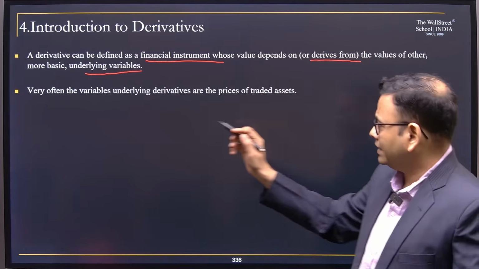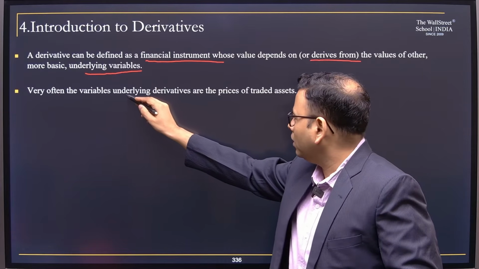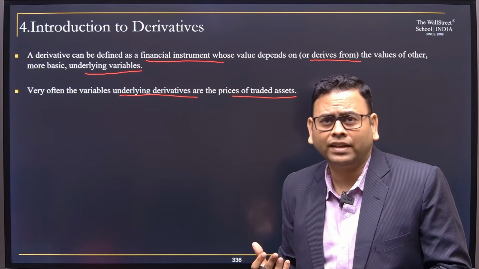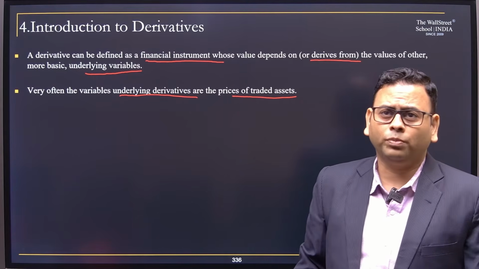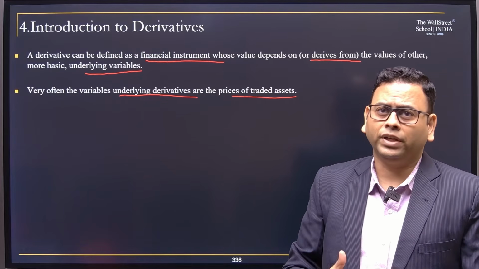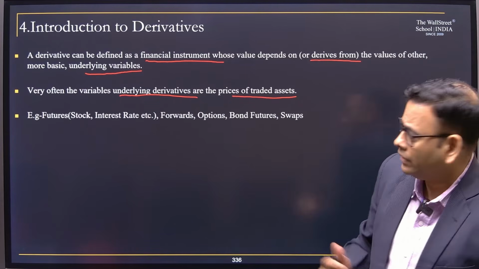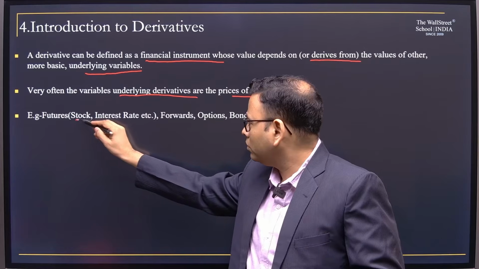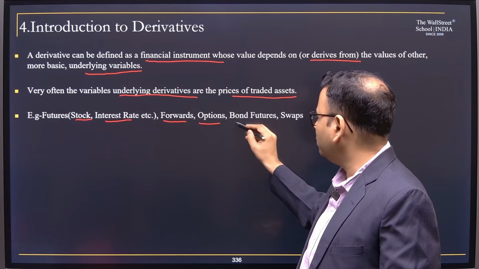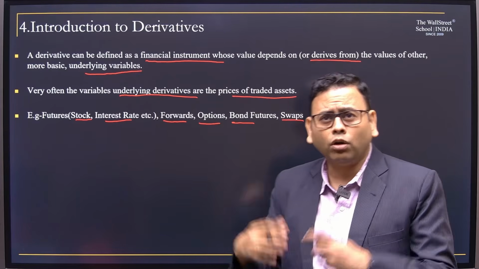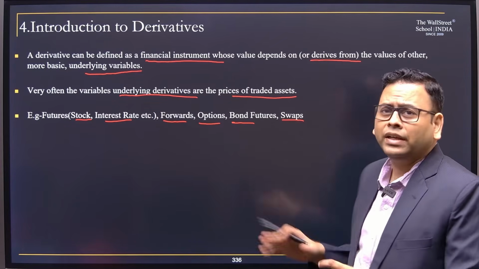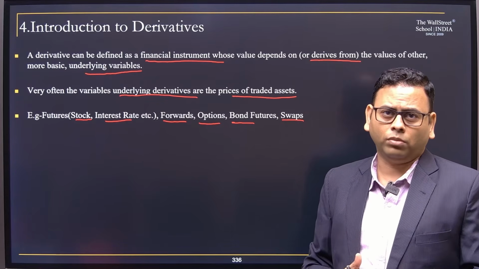Now, as I said, very often the variables underlying derivatives are prices of tradable assets. The tradable assets could be your stock, a commodity, fixed income, or interest rates. The examples are stock futures, interest rate futures, stock forwards, options, bonds, swaps, and there are a lot of other derivative products, but from FRM's perspective, these are the 5 or 6 different derivative products which we are going to talk about.